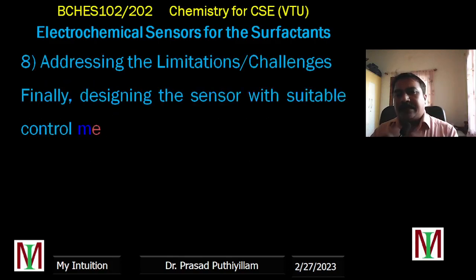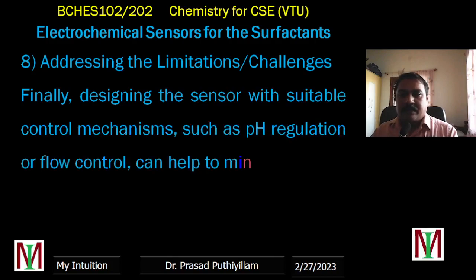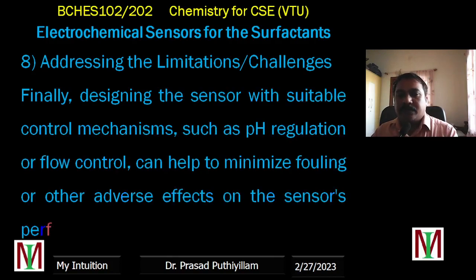Continuing, finally, designing the sensor with a suitable control mechanism such as pH regulation or flow control can help to minimize fouling or other adverse effects on sensor performance. If it has the ability to regulate pH, to adjust to changes in pH.